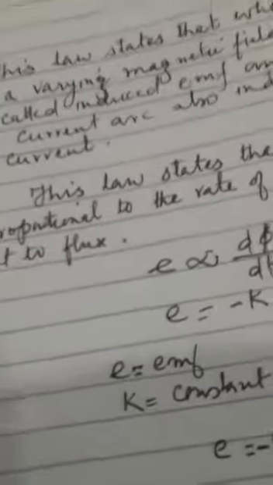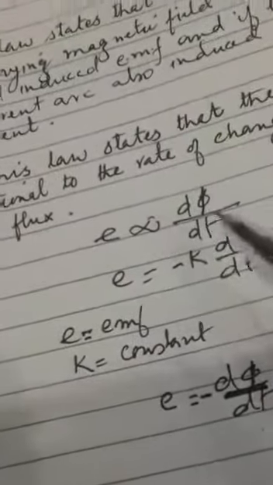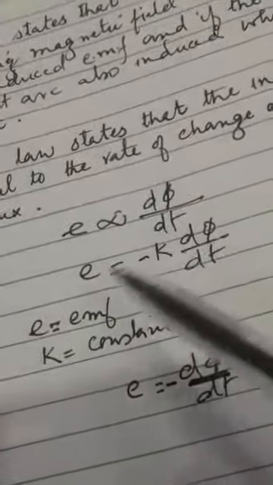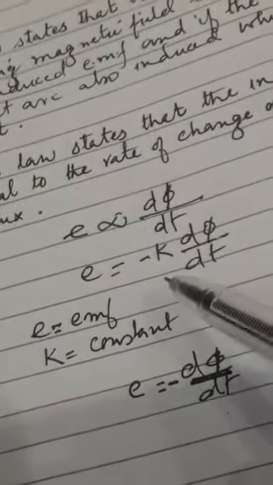So in the second law, Faraday says that electromotive force is directly proportional to d phi by dt, magnetic flux with respect to time, or we can say E is equal to minus k d phi by dt. Why is k constant?